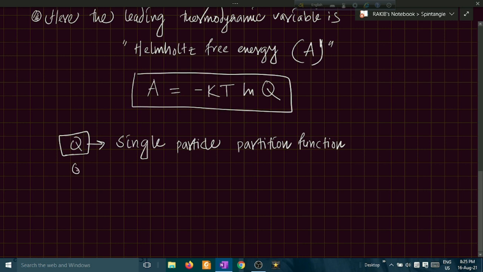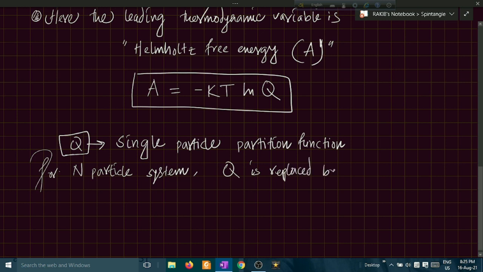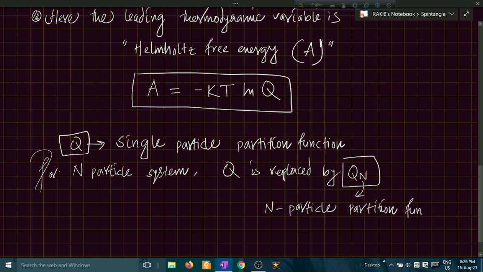And for an n particle system, Q is replaced by Qn, which is called the n particle partition function.